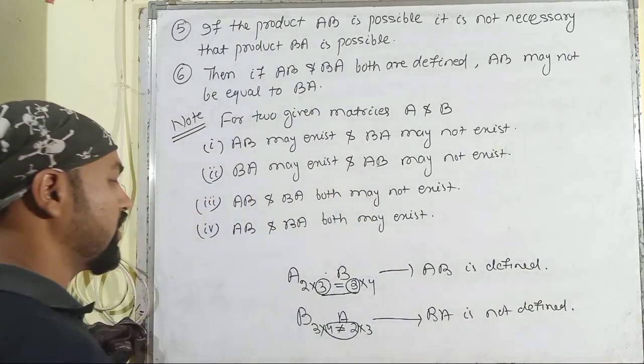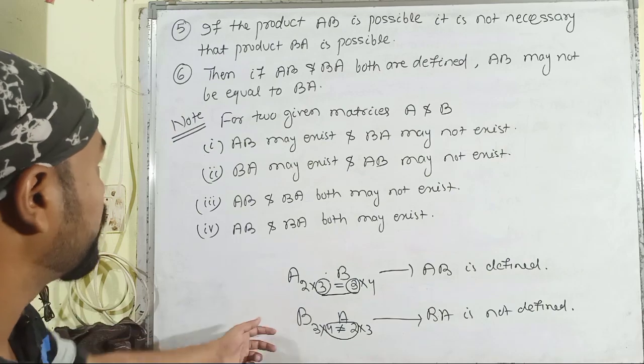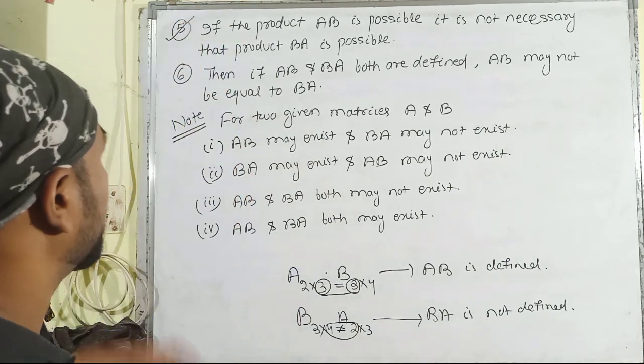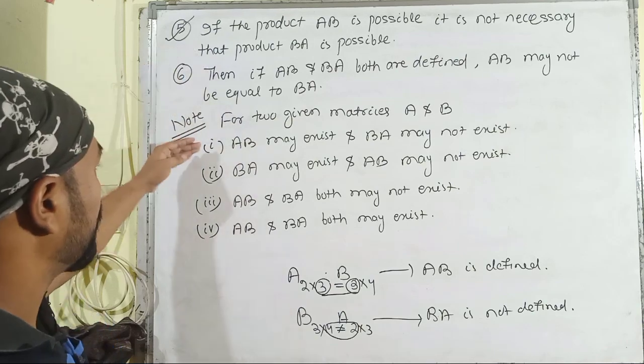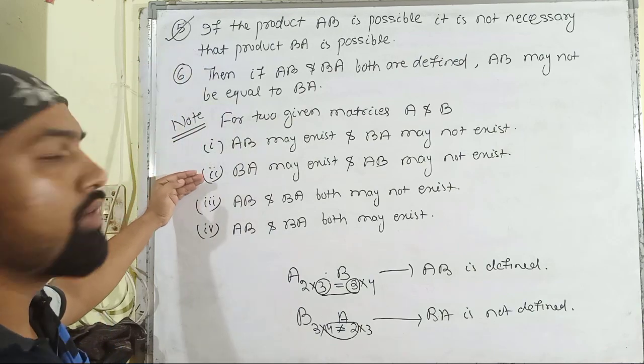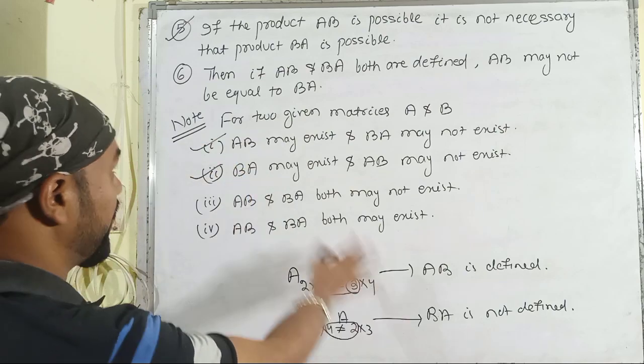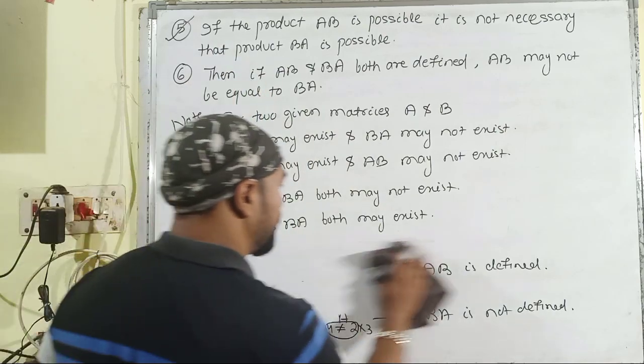So in the same process, we can define property number 5, note number 1, and note number 2. And this is the fundamental based upon this.